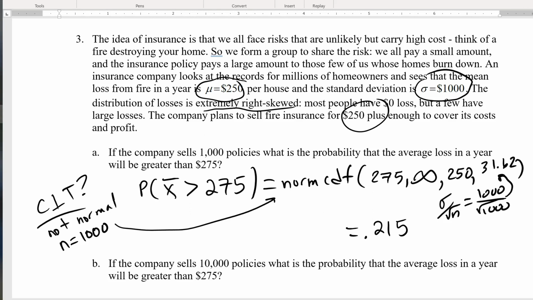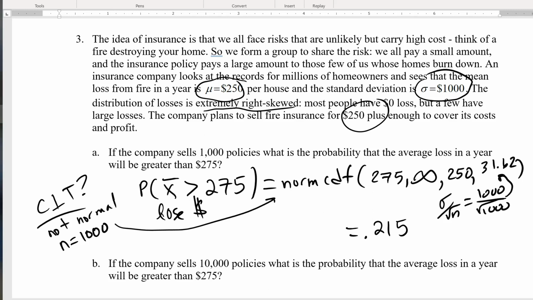Well, as long as the people actually claim less than $275, I'm making money. Well, this says, what's the probability that I lose money? Because if I have claims greater than $275 and I'm only bringing in $275, I'm broke, right? So there is a 21% chance that at the end of the year I lose money with this company.